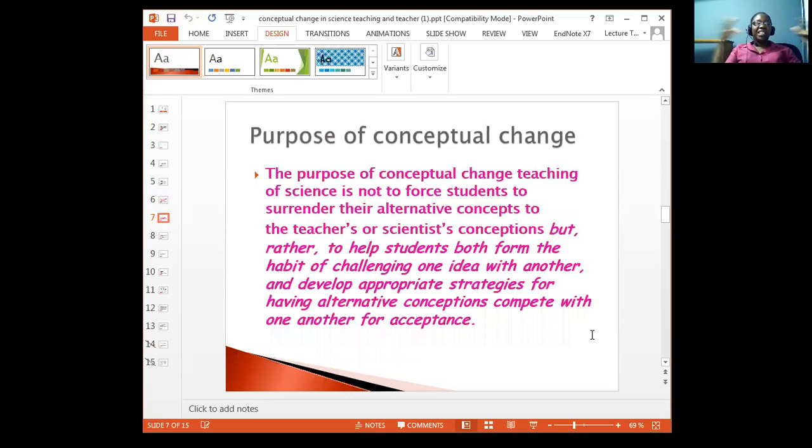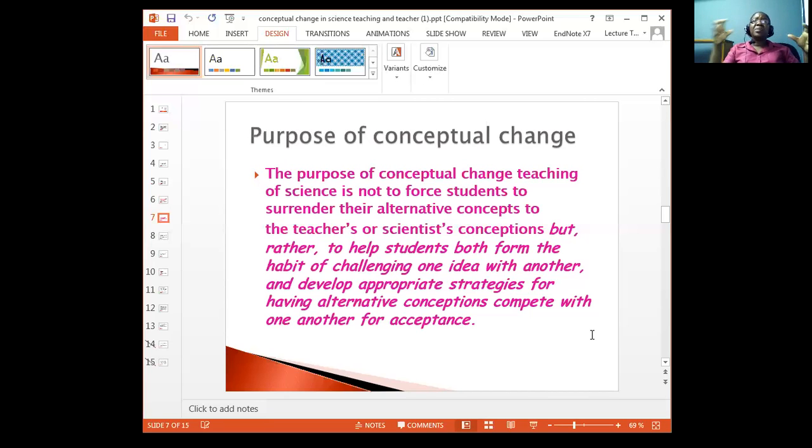Essentially, we want to get students to a place where they grapple with their alternative conceptions and begin to see why the scientific idea, which we would be advocating for, has more merit than a misconception or an alternate conception.